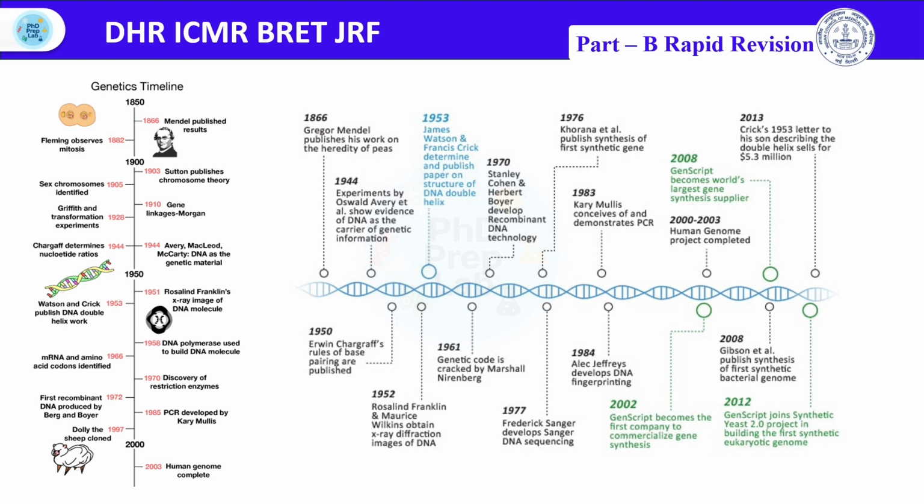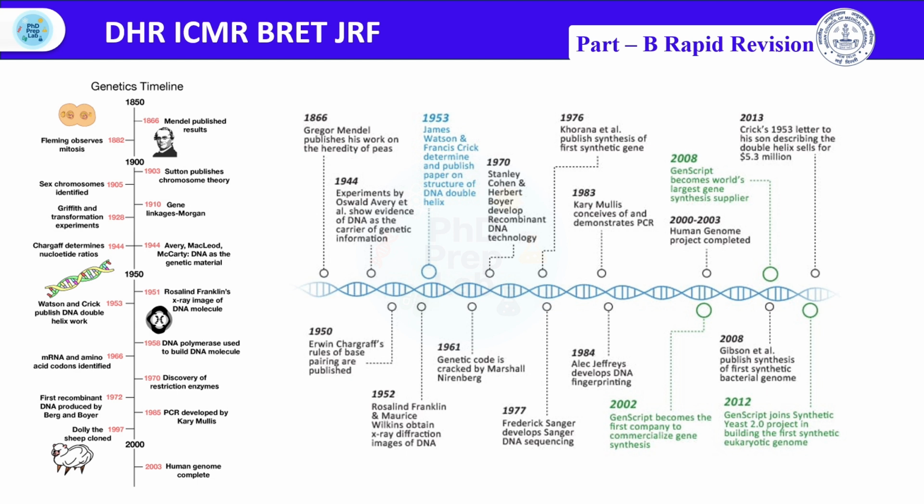Now, then we have 1944. First of all, McLeod, McCarthy, and Avery came in and they proposed that DNA is the genetic material. Then Chargaff determined the nucleotide ratio. You know that ratio, right? Chargaff's rule, ATGC, etc. Then came the 1950s, where Rosalind Franklin gave out the X-ray image of the DNA molecule, and in 1953, Watson and Crick published the DNA double helix work.